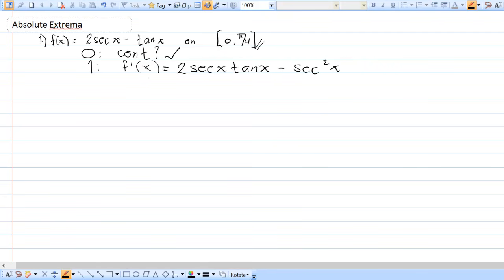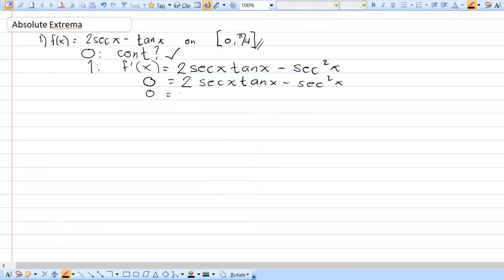So, therefore, yung critical numbers, again, those are the values that will make this expression equal to 0 or kung kailan siya nagiging undefined. Pero, magiging undefined lang naman itong expression na ito kapag odd multiple ng pi over 2, which is not in our domain. So, hanapin na lang natin kung kailan sila nagiging 0.